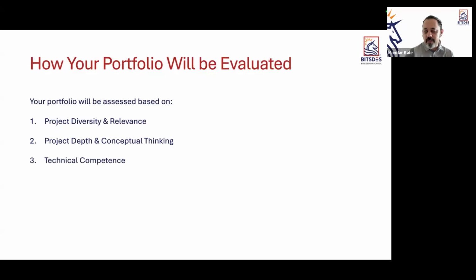Third is the technical competence, which means how good you are at using tools, which is now independent. Your point two was about the depth and conceptual thinking. Point three is about maybe if you have explored Photoshop or Procreate or Blender or any of the other tools, maybe you are an expert in Miro or Figma.